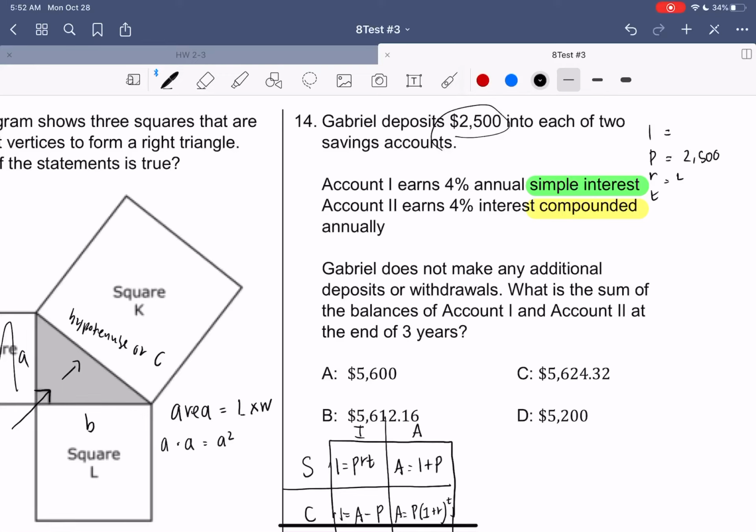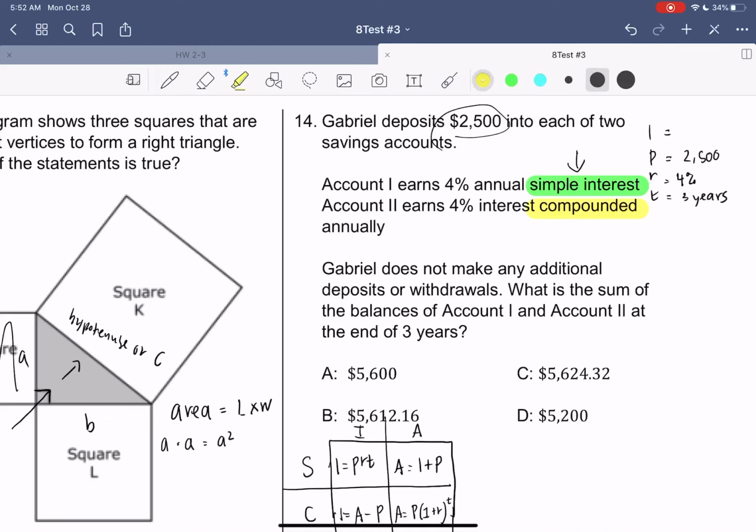Our rate is 4%, and our time is 3 years. So first we have to find the simple interest.